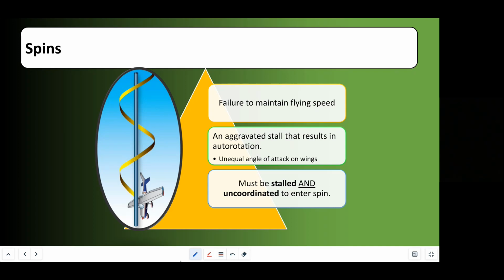So we have to make sure we're using proper rudder in the stall. Because if we don't use the proper rudder and we're aggravating that stall, one wing will stall before the other. And then any sort of improper recovery from the pilot at that point gets us into that stall-spin situation. So pretty much two ingredients here: stalled and an uncoordination event to enter the spin.